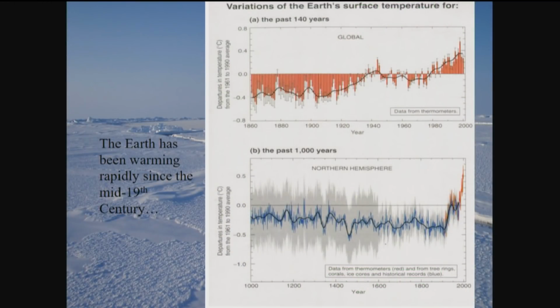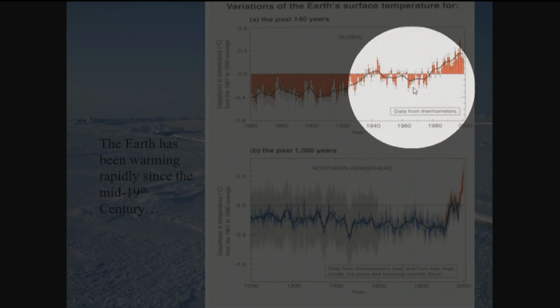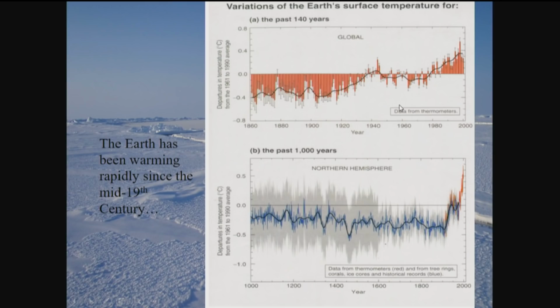If we blow up the last 150 years, which is the top curve, we see that the Earth was warming up quite fast, but it did pause or go back a little bit between 1940 and 1970, and then it took off again. So that's something that needs to be explained.